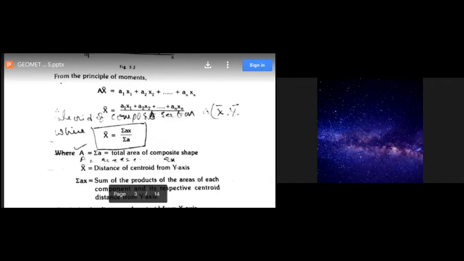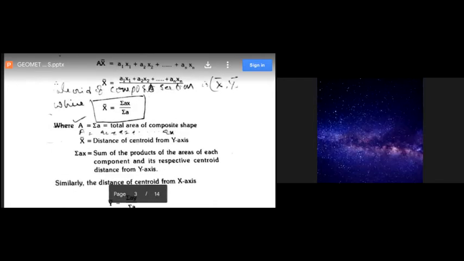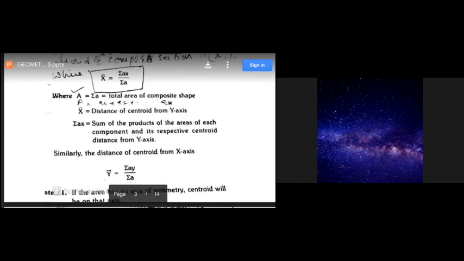And x bar is the distance of the centroid from the y-axis. Similarly, sigma Ax is the sum of the products of the area of each component and its respective centroidal distance from the y-axis. Similarly, the distance of the centroid from the x-axis, that is y bar, is equal to sigma Ay by sigma A.